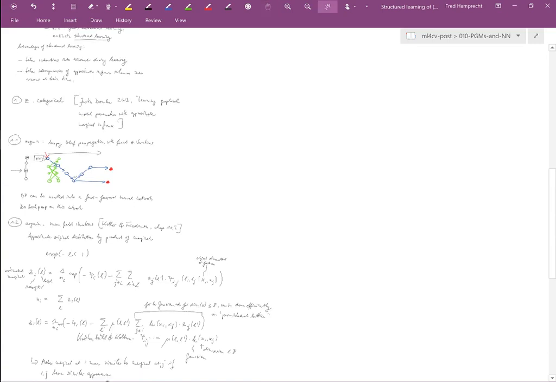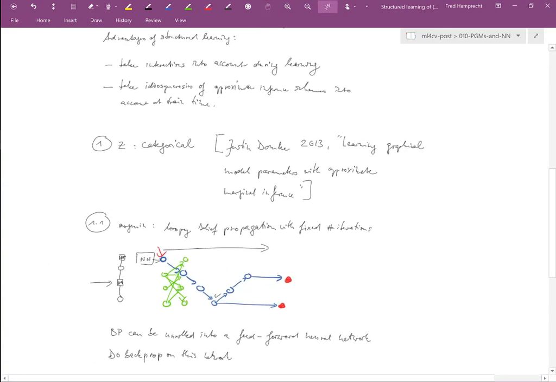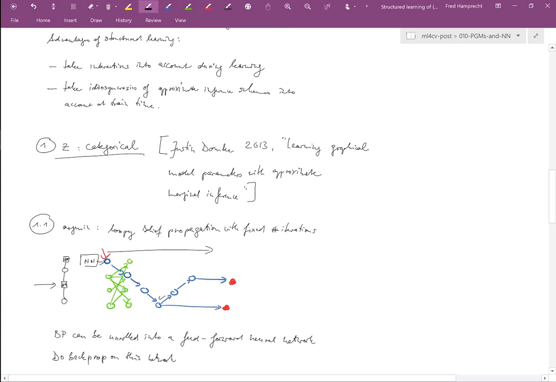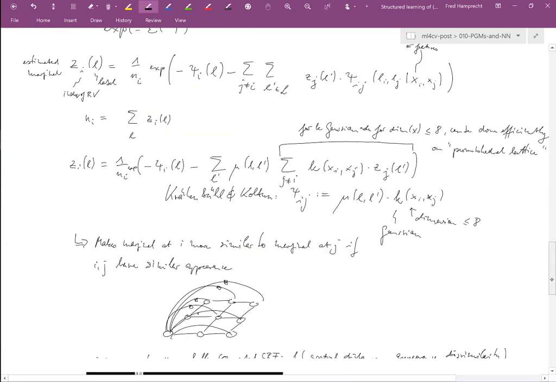So all of this has been for categorical variables. What if Z is continuous?